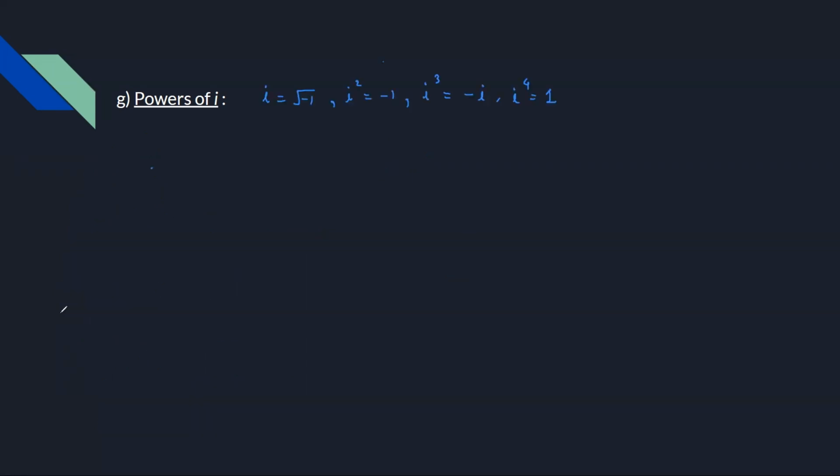So let's derive our formula for I raised to n. My n here is a positive integer which is greater than 4. So how can I write n? If I divide any number, say n, by 4, I will get one quotient and one remainder.